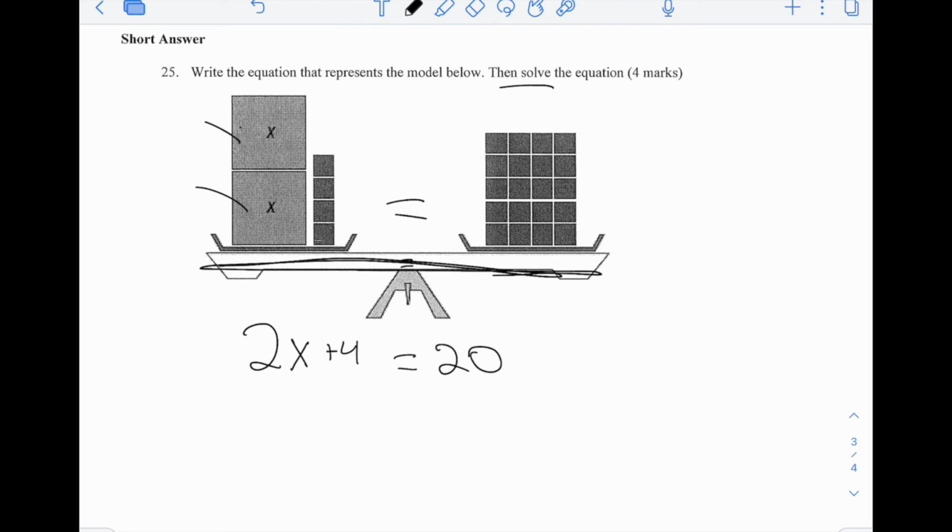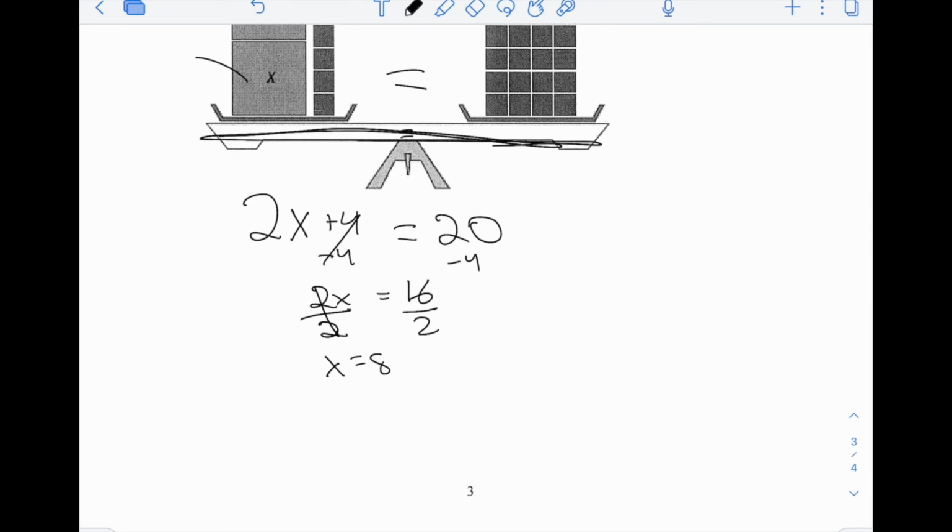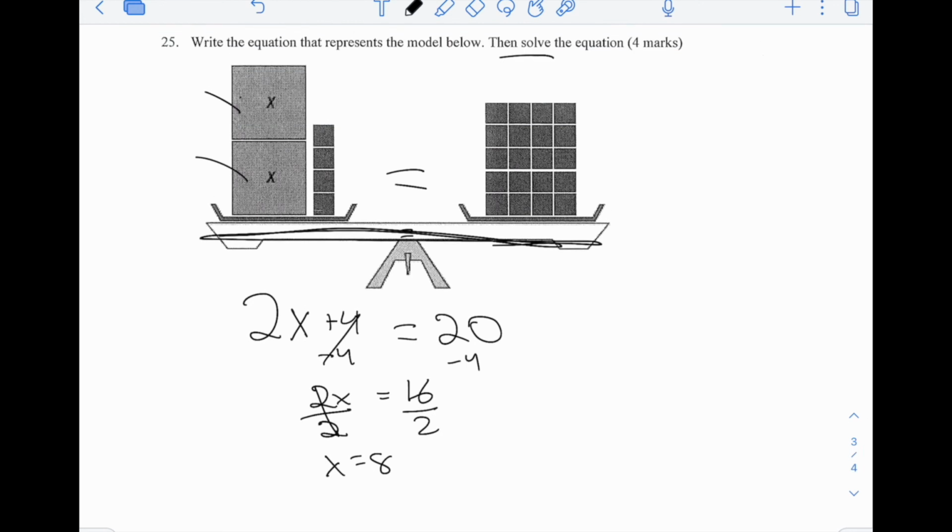And now it wants me to solve that. Subtract 4, 2x equals 16, divide by 2, okay, x equals 8. So I'm saying 8 boxes in each one of these.